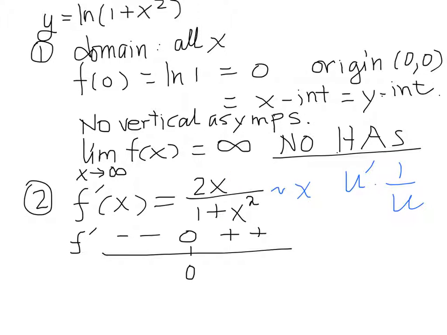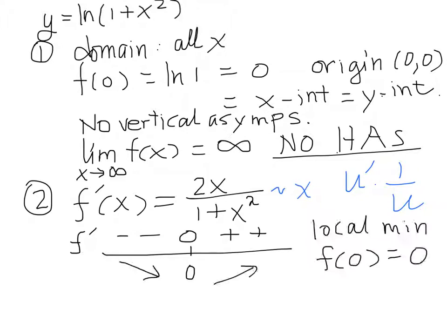So you see the sign is just determined by x itself, ignoring all other positive factors. So here's the sign chart. It's positive if x is greater than 0, and it's negative if x is less than 0. So the local min here is f of 0 equals 0 at x equals 0.